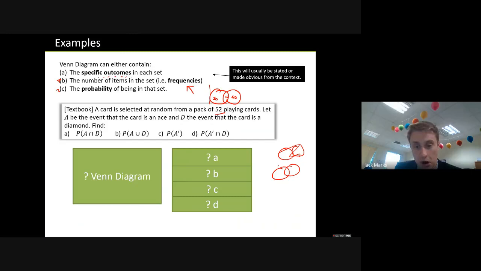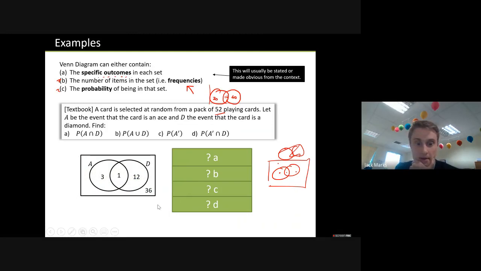Can you have things that are outside both of them? So not an ace and also not a diamond? Yes, you can. So we'd expect to sort of see some numbers in these parts here. Okay. And you could divide the cards up as so. So 48 plus 4 gives you 52. So there's the one in the middle, the ace of diamonds.